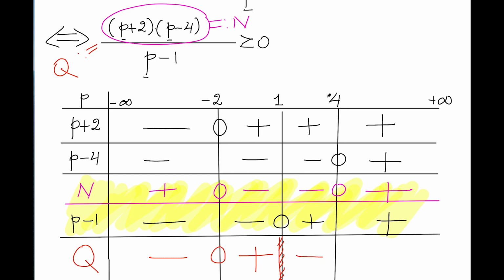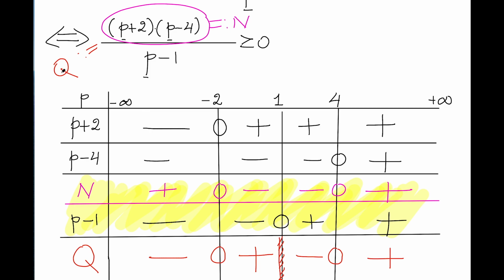When p is at 4, upstairs is 0, downstairs is not 0, so quotient q becomes 0 divided by non-zero, which is 0. And once p goes beyond 4, upstairs is positive, downstairs is positive, quotient is positive.